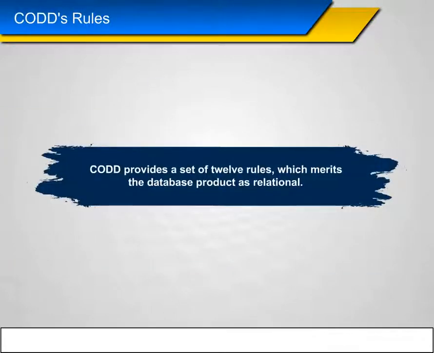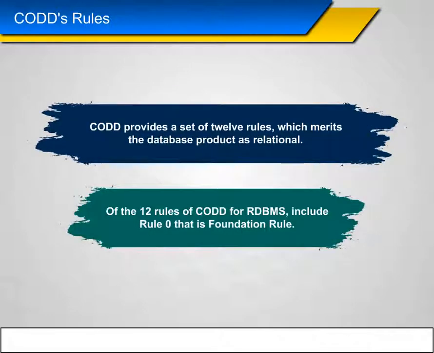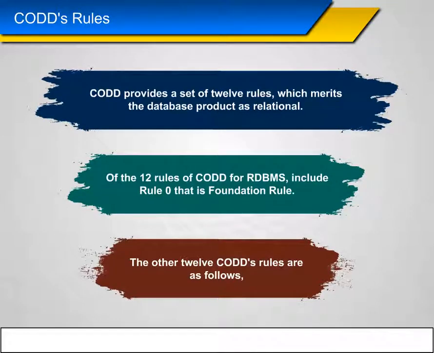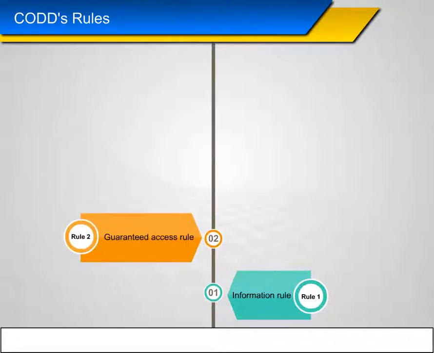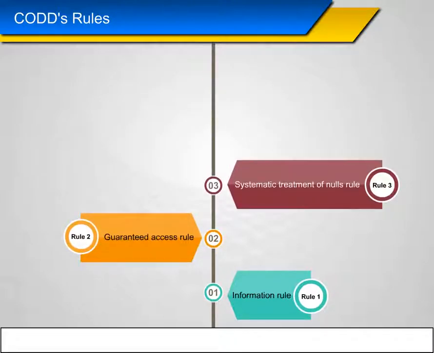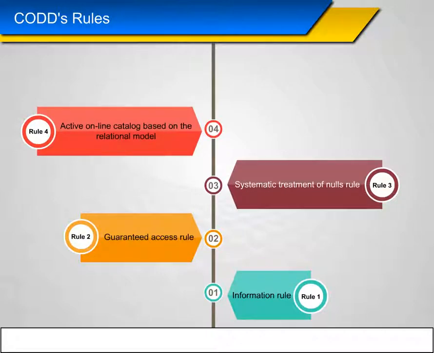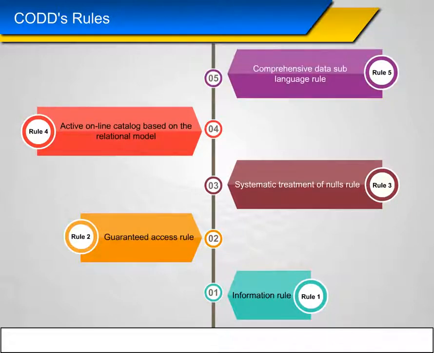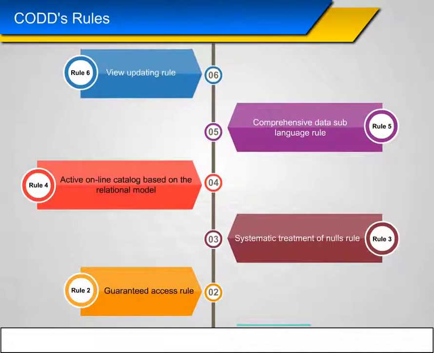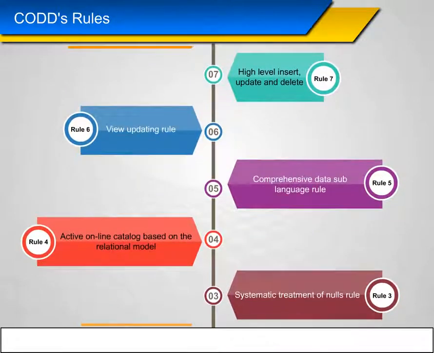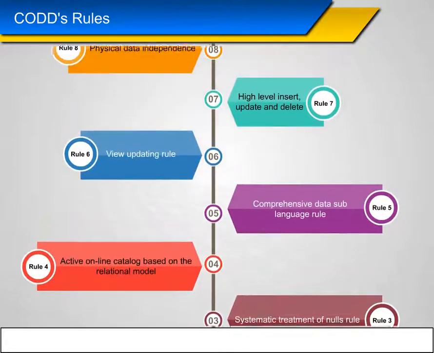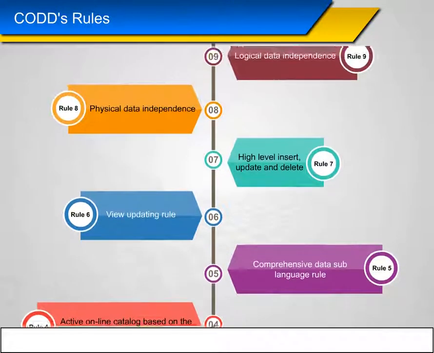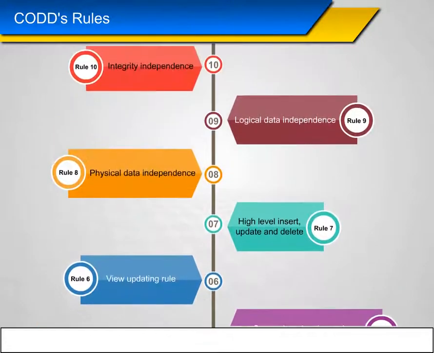Codd's rules. Codd provides a set of 12 rules which merit the database product as relational. The 12 rules of Codd for RDBMS include Rule 0, that is Foundation Rule. The other rules are as follows. Rule 1, Information Rule. Rule 2, Guaranteed Access Rule. Rule 3, Systematic Treatment of Nulls Rule.